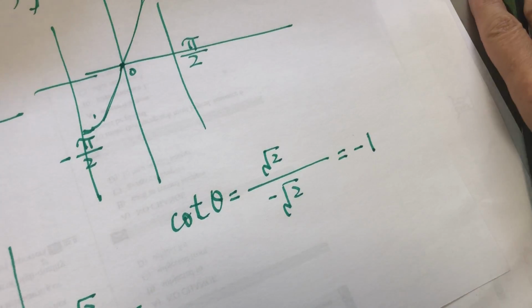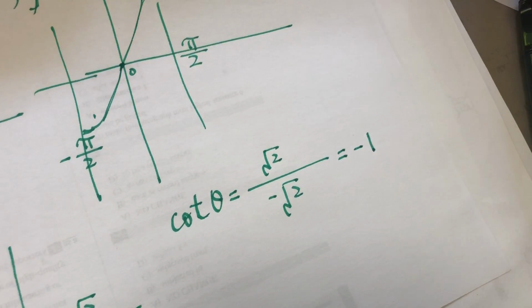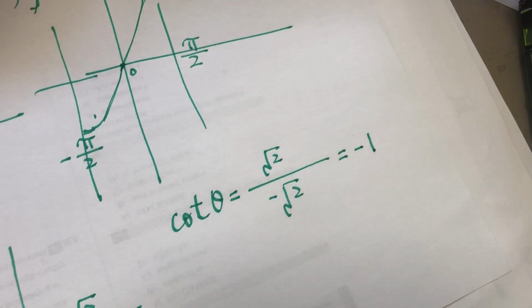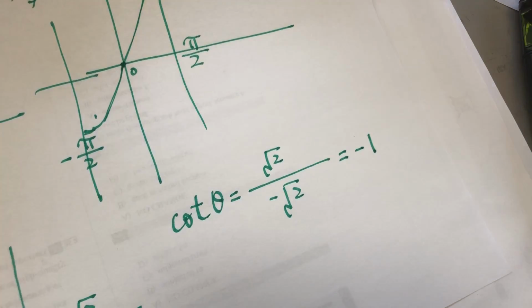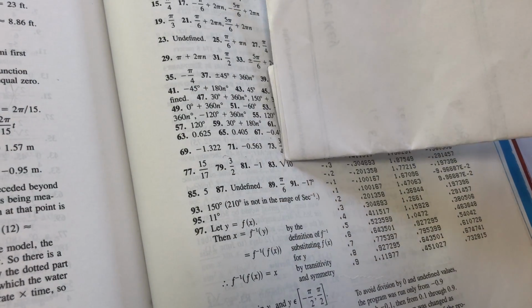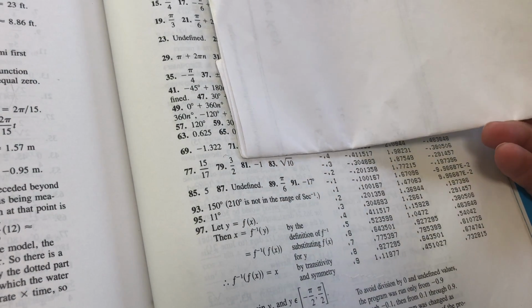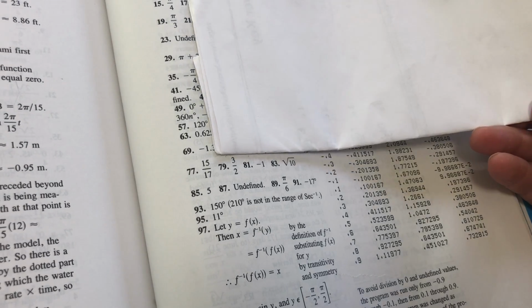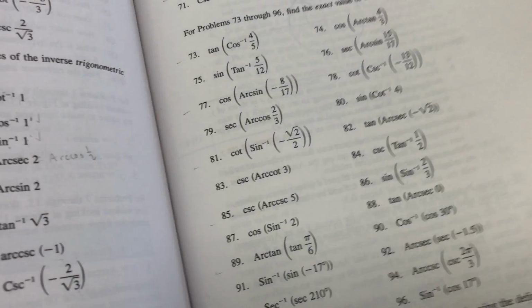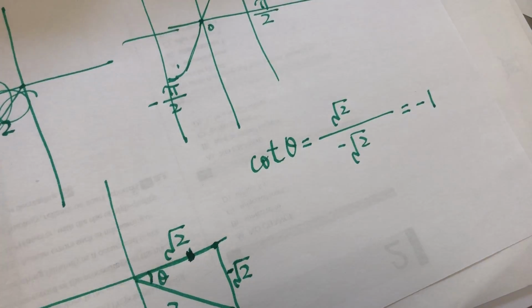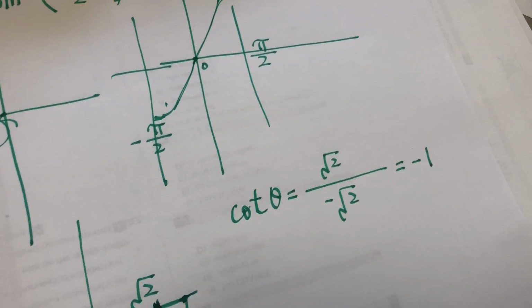Okay, so that is it. 81. I'm not super duper sure. Are we right? We have to be right.